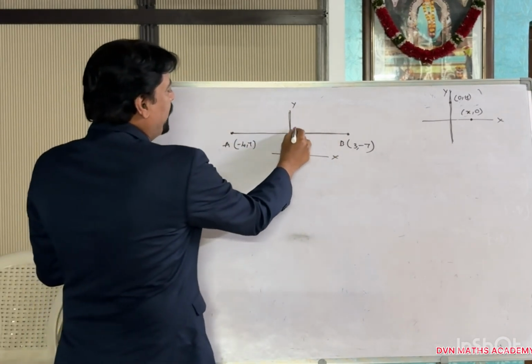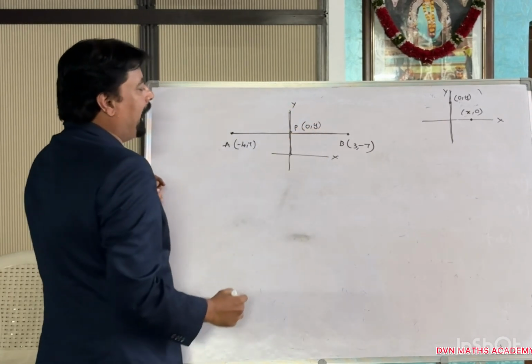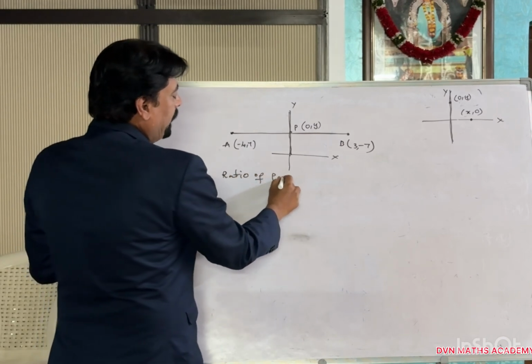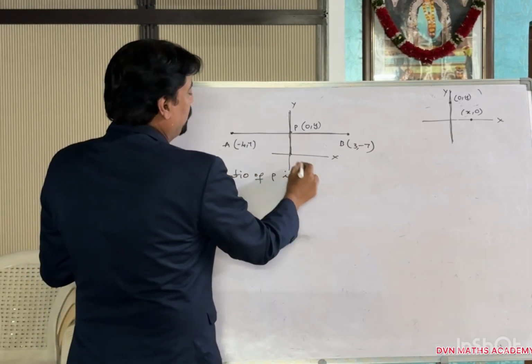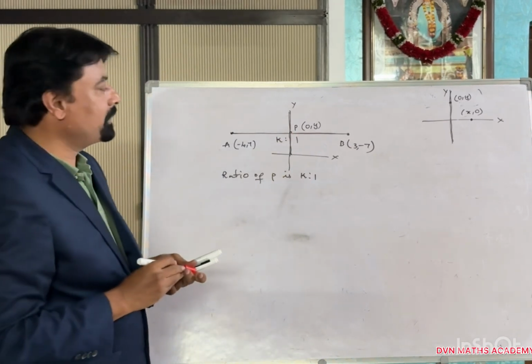So you take one point P. This P is on the y-axis, therefore it is (0, y). And the ratio at P, you say, is k is to 1. We don't know the ratio, so when you find the ratio, you take it as k is to 1.